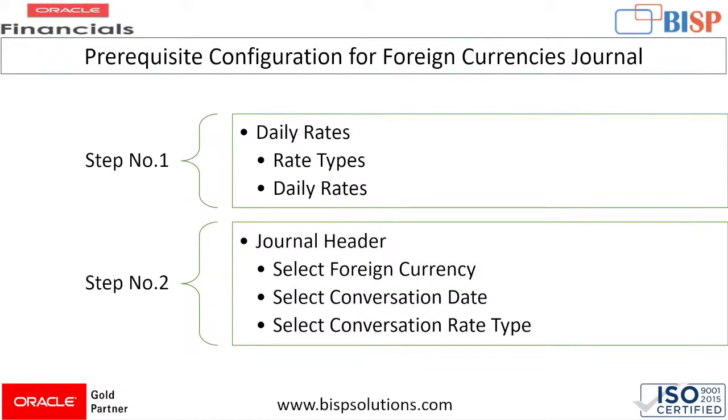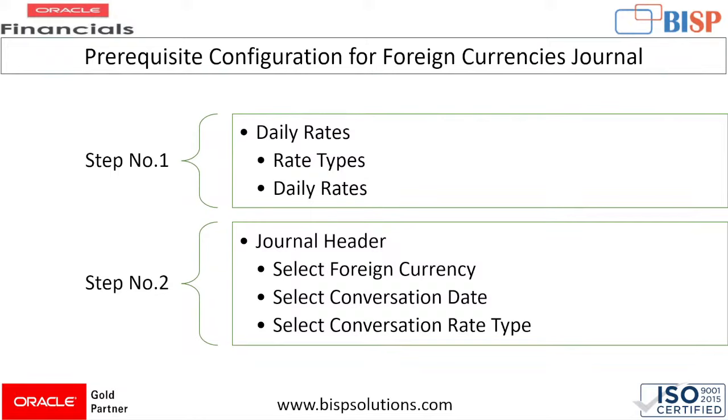in the journal headers, we will select the foreign currency we have provided, that is, we will select INR as the foreign currency in the US general ledger, that is BISP US general ledger, and select the conversion date and also the conversion type.